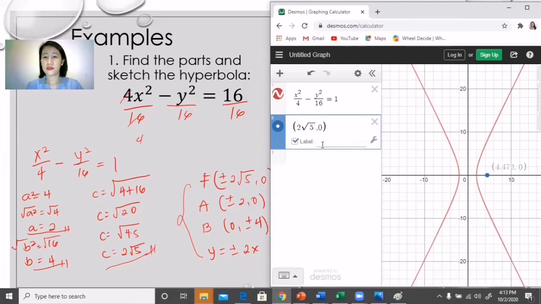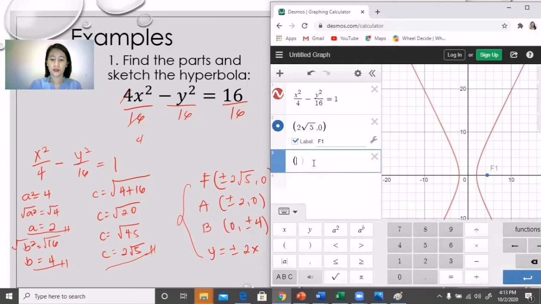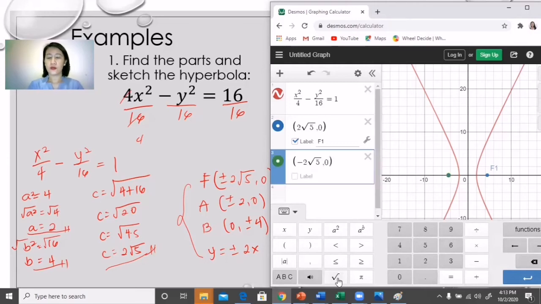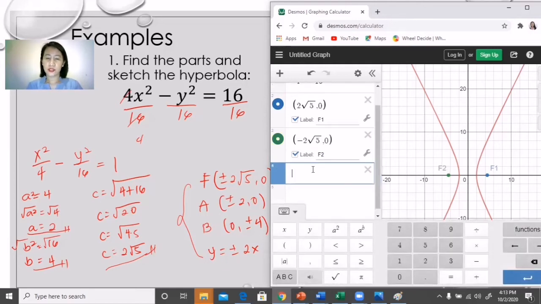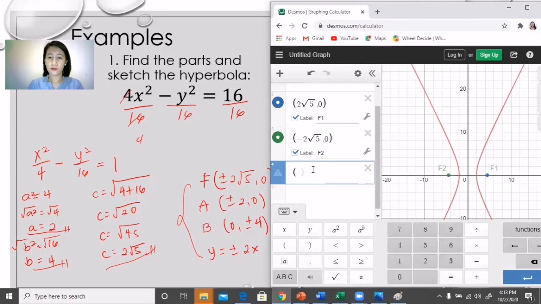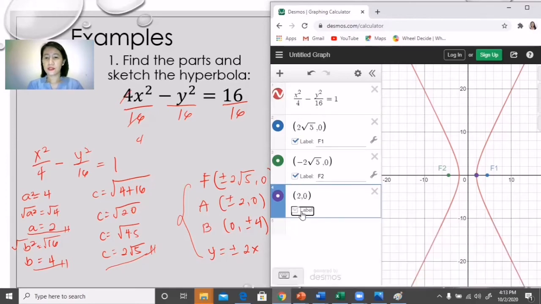So this is F1. Then negative 2 square root of 5 space 0, and this will be F2. And then let's have the vertices. We'll have A1 and A2. We have positive 2, 0. Let's have this as A1.